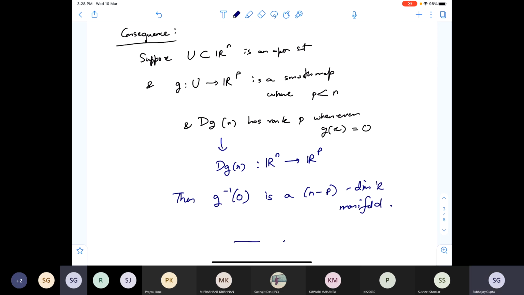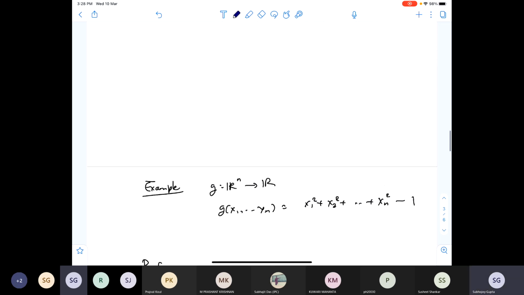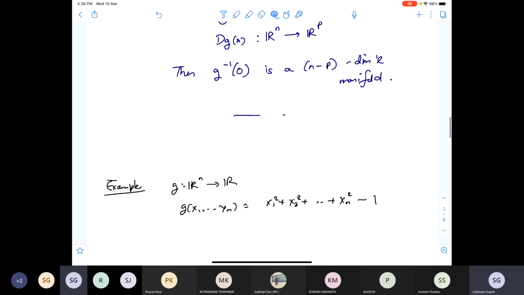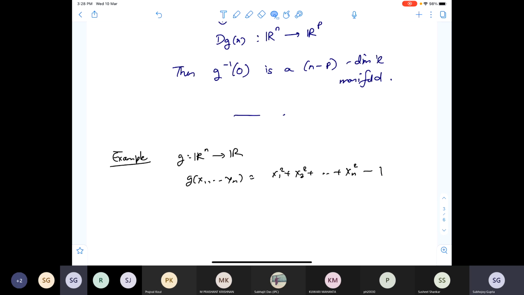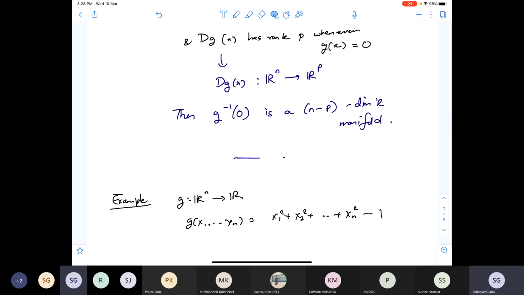Okay, and so before we talk about the proof, maybe I'll just mention an example very quickly. Suppose your p is just 1, so that your g is actually a function, and you define the function this way. It's the sum of squares of these coordinates.